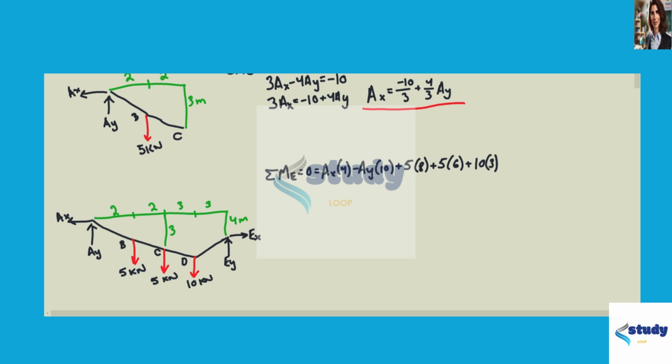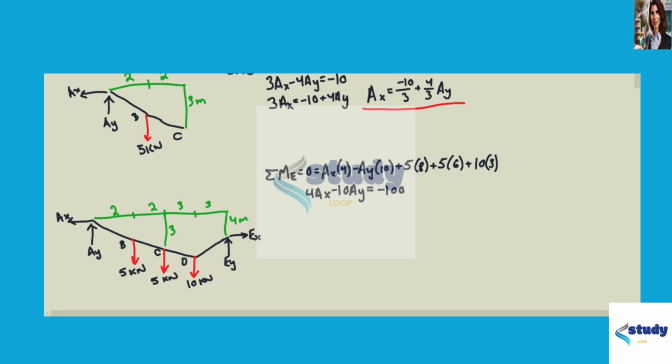All right, so simplifying, this will equal 4AX minus 10AY, and all of these loads equal 100, and we're going to go ahead and move that to the other side. It's going to be negative 100.